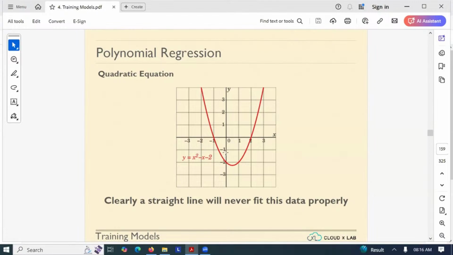If we fit a straight line, then the RMSE error will be high, or the accuracy will be low, because the relationship in the data is non-linear, right?